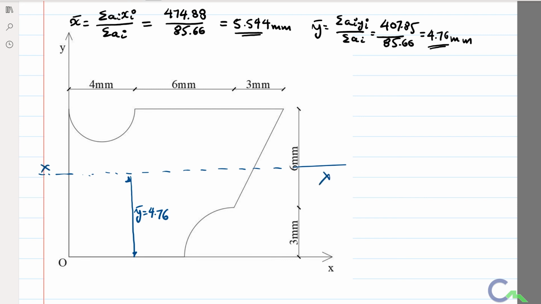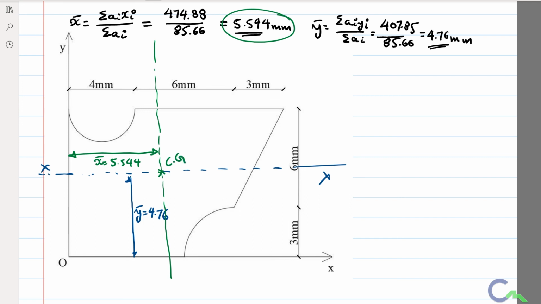Then the x bar value we got is 5.544. So in the horizontal direction I am going to draw like this from the OY axis. X bar is equal to 5.544. So I can draw the centroidal axis like this. The intersection point is known as CG, that is the center of gravity of this particular figure.